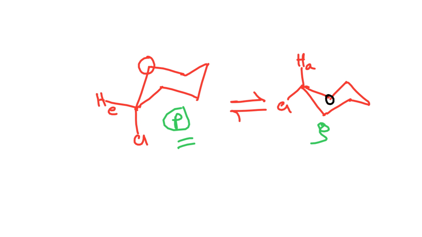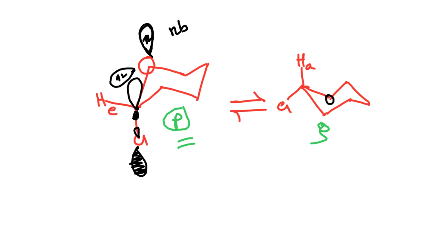So lone pair of oxygen means the non-bonding orbital on the oxygen atom. Yes, two lone pairs are present. These are non-bonding orbitals and the sigma star of the C-Cl bond. So this non-bonding pair is actually parallel to this C-Cl sigma star, and it can donate electrons over here, right?